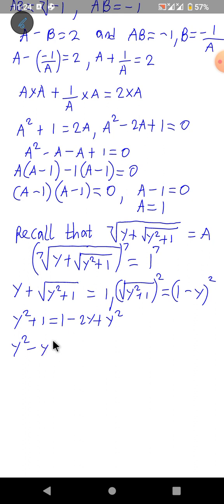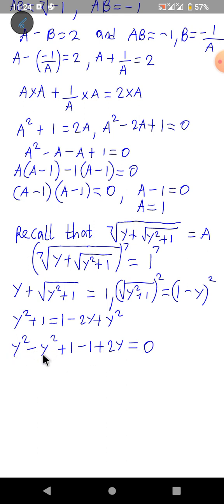So here we have y squared minus y squared. Then this is 1 plus 1. So this plus 1, I'll take this 1 out close to it. So here will now be what? Minus 1. Then we have this minus 2y. I'll take it to the left hand side also. So it will now become plus 2y. Then all equal to 0.